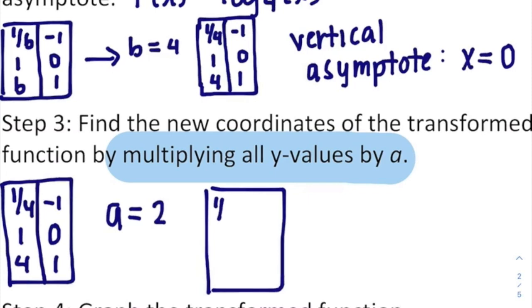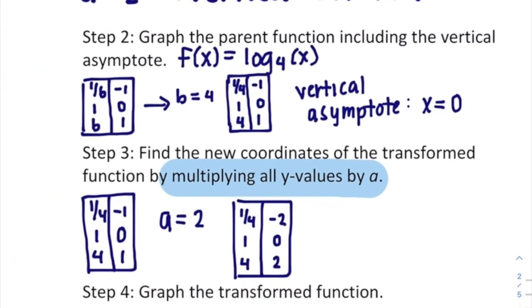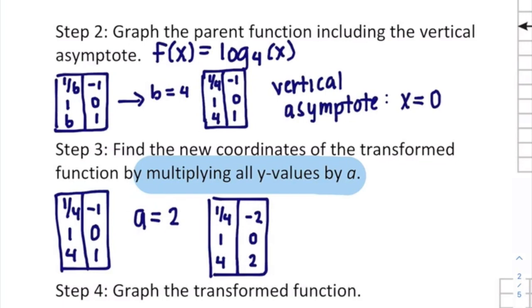We're still going to have 1/4, 1, and 4, but we're going to multiply our y values by 2. So that's going to give us -2, 0, and +2. So we have a chart for our transformed function.